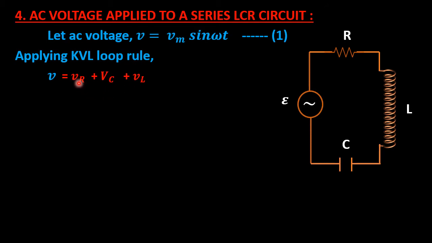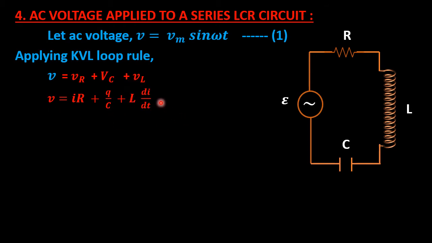The voltage across the resistor is given by the formula V equals IR, so I into R. The voltage across the capacitor is given by charge by capacitance, and the voltage across the inductor is given by L into di by dt. So VR is I into R, VC is Q by C, plus VL is L into di by dt.